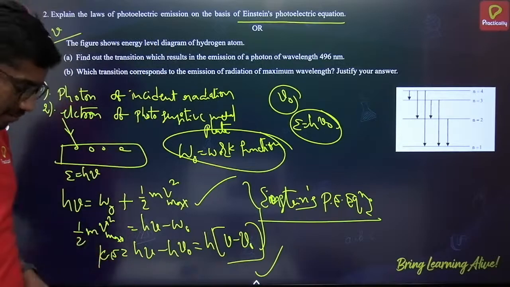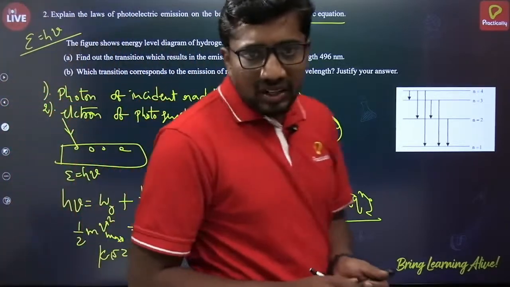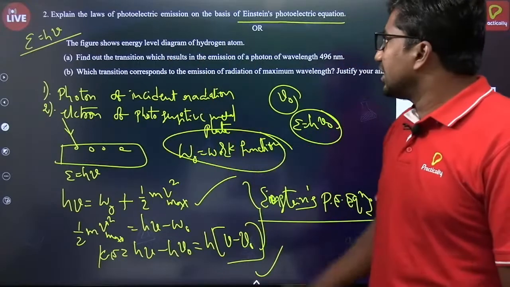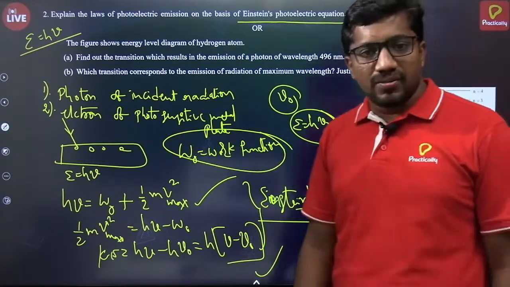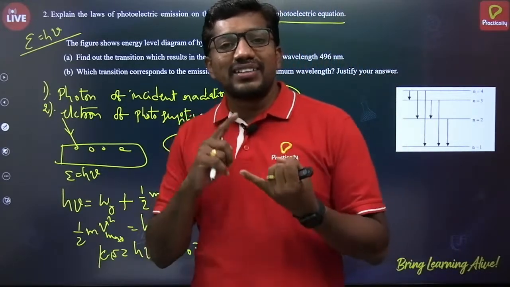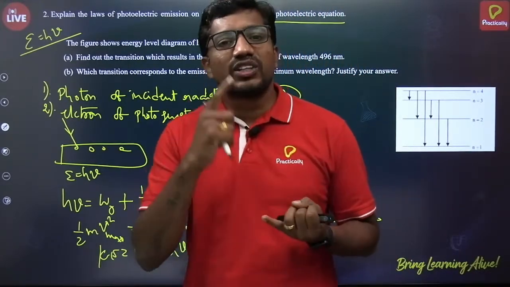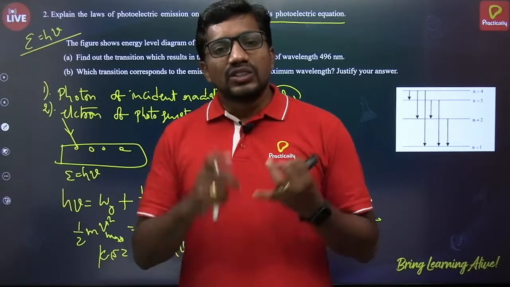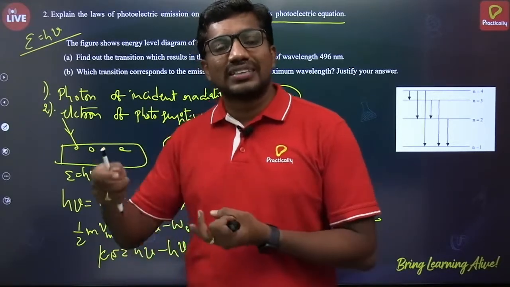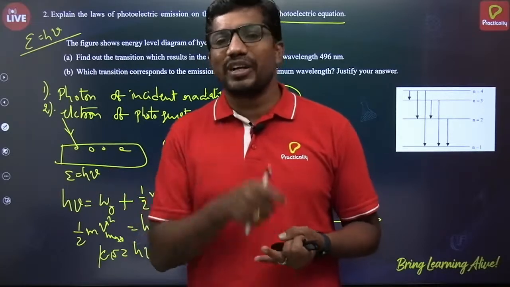Now let us see answering this question. So what are the laws? I have given the description for this Einstein's photoelectric equation. First one, effect of intensity of the radiation. Intensity of the radiation is nothing but the number of photons incident on the photosensitive plate per unit time.